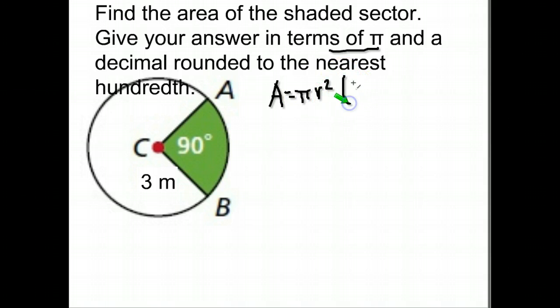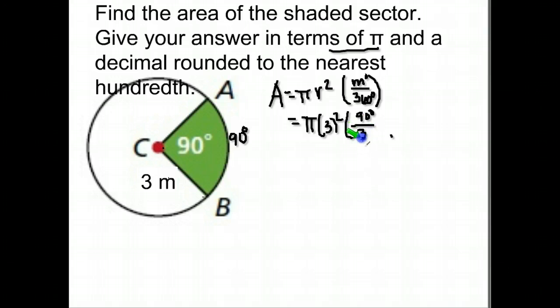Well, it's pi times radius squared times the arc measure divided by 360. I put in the information I have. The radius is 3 meters. So I have pi times 3 squared. And my arc measure is the same as the measure of my angle. So it would be 90 degrees over 360.